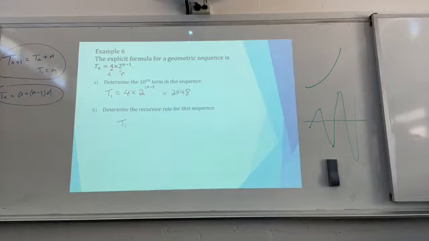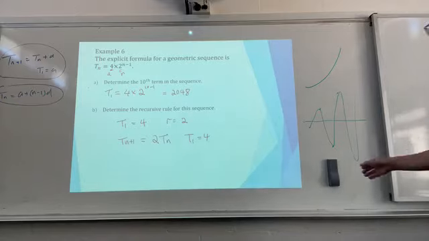Since you know T1 equals to 4 and R equals to 2, so therefore the recursive rule is Tn plus 1 equals to 2 times Tn. T1 equals to 4.